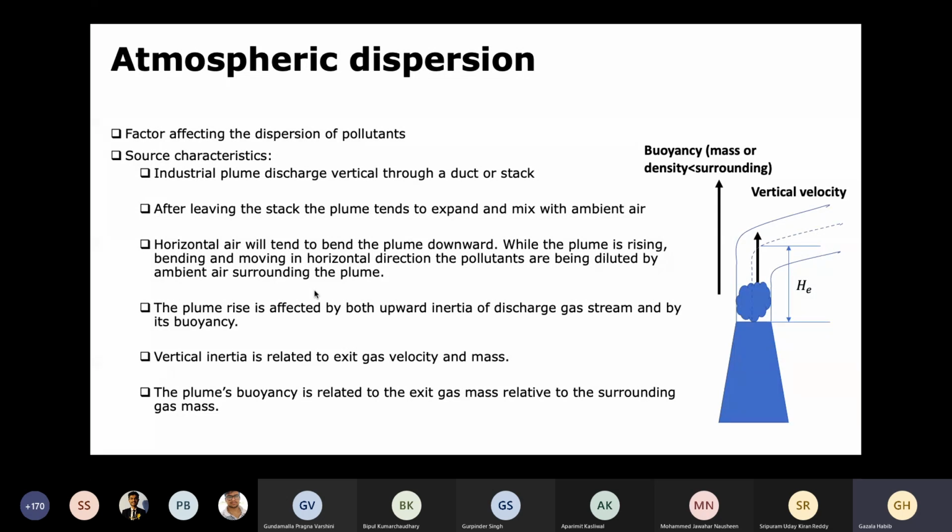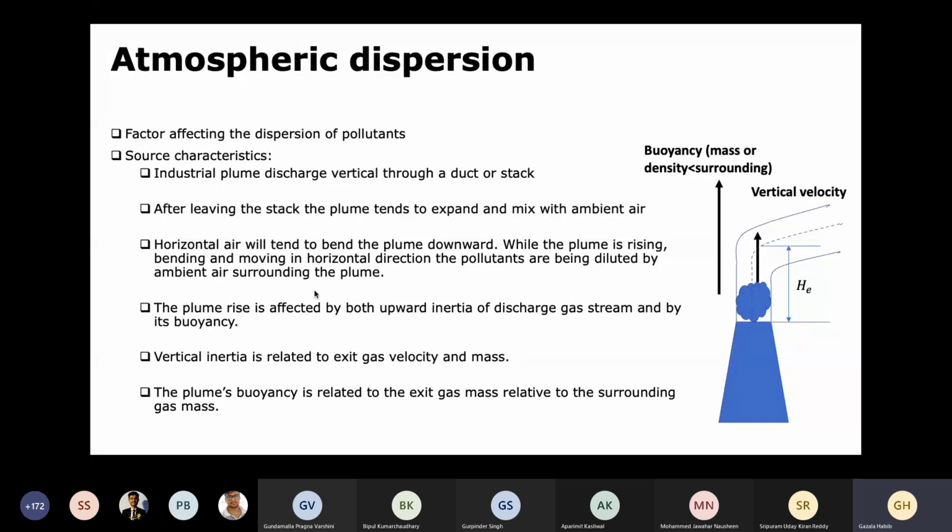Even if the stack is 200-meter high, there would be some point where the ground level concentration will be affected by the emissions coming out from the stack. Horizontal wind will tend to bend the plume. This is what I have explained just now.